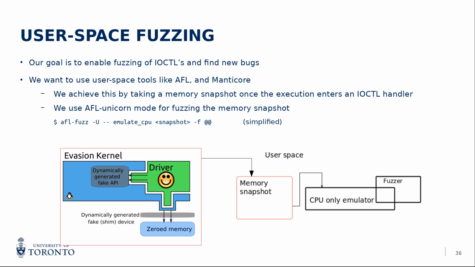In a nutshell, when the evasion kernel initialized the driver, we take its complete snapshot and run it inside a CPU-only emulator as a regular user space program, which we can then fuzz with any user space fuzzer. I will not go into all specific details of this approach, except for some details of how we deal with intricacies of IOCTL fuzzing.